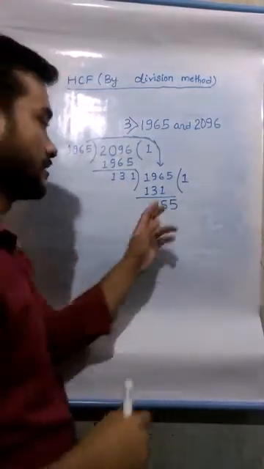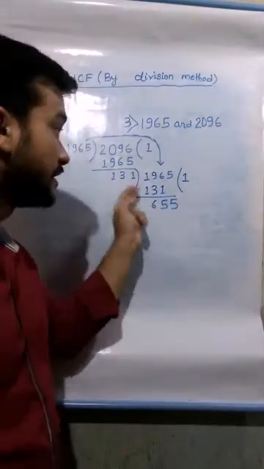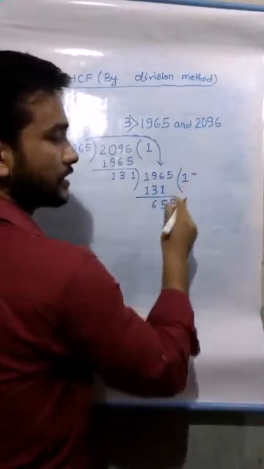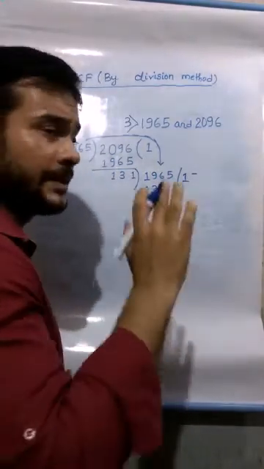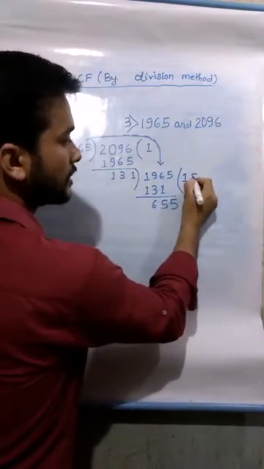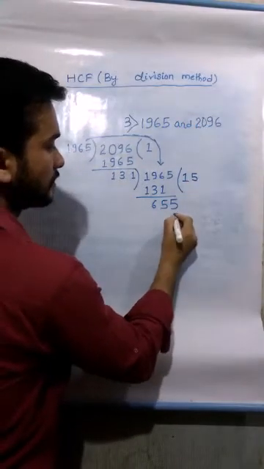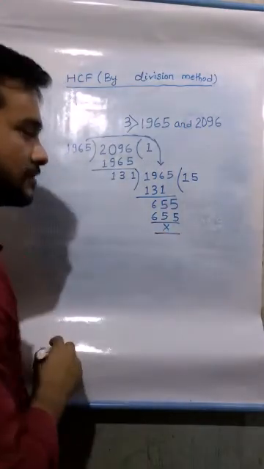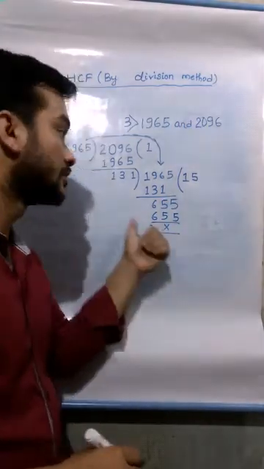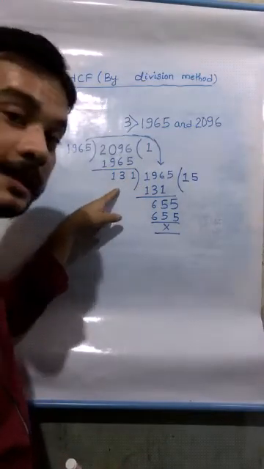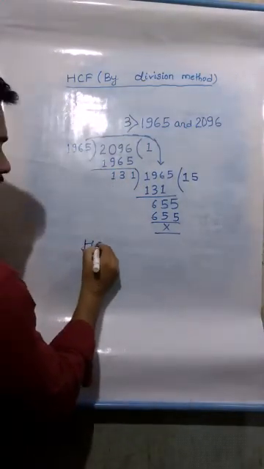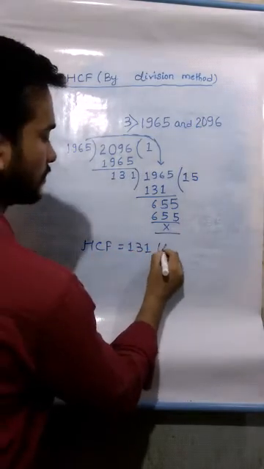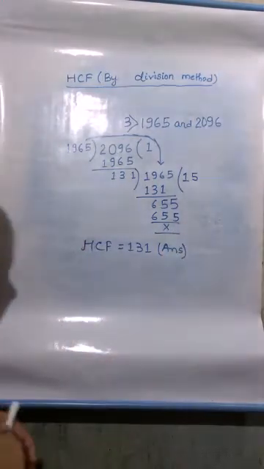Now see, there is a remainder which is divisible by 131. So divide it again. Simple division as we did earlier. 131 5s are 655. Thus we get the remainder as 0. So the last divisor will become the HCF. HCF is equal to 131. This is the answer.